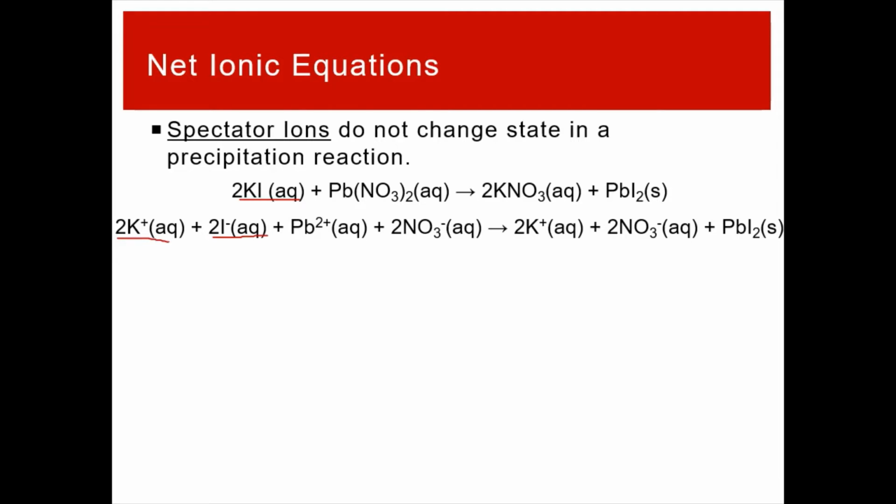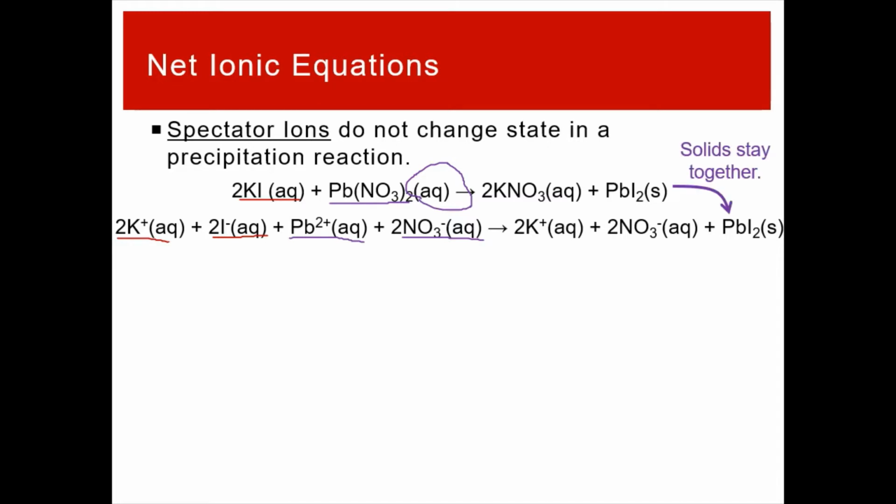We have really those cations and anions that are floating freely. So, for the sake of legibility, we write the whole compound formula, but in reality, there's ions floating around. And that's what this aq means. That aq means that those ions are free floating in solution.